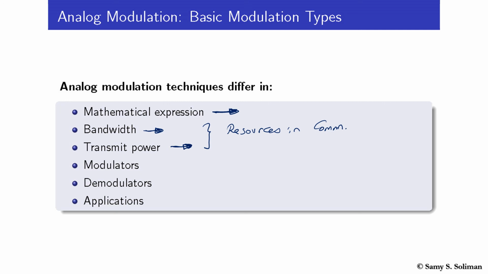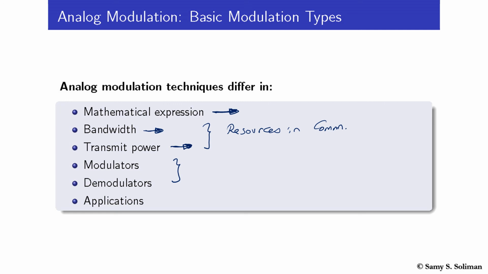And then we need to know the complexity of processing that is needed to perform the modulation process and the inverse process at the receiving side, which is the demodulation. So we need to know how that modulation technique will be implemented, what the modulator and the demodulator will be.